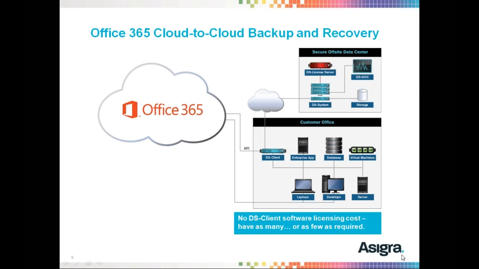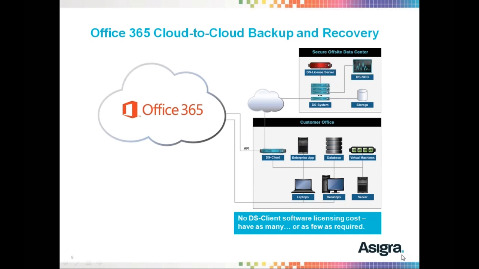For the Office 365 backup sets, we have another extremely important component, which is the DS-NOC. The backup sets of Office 365 are only supported if they are created and deployed using the DS-NOC. The DS-NOC will be running on a Windows machine.